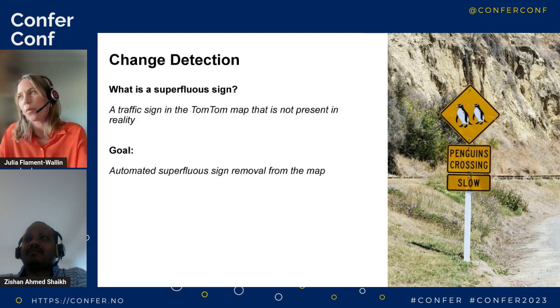Or maybe a more realistic example where, for example, there were roadworks on a highway and the speed signs were much lower than usual, and then there are no roadworks anymore, and obviously we don't want cars to think that they should keep driving at 30 miles per hour.